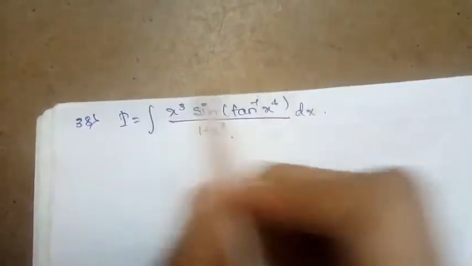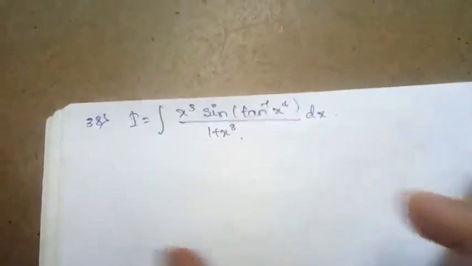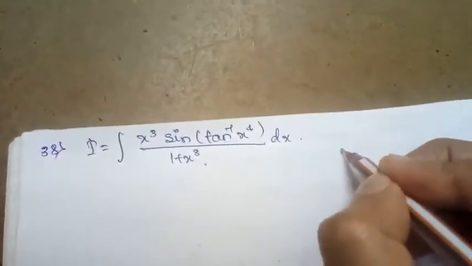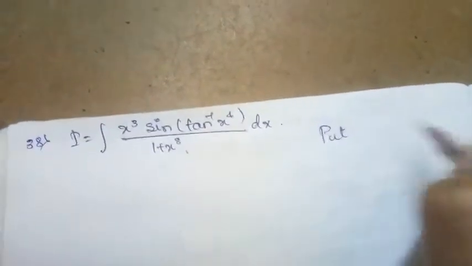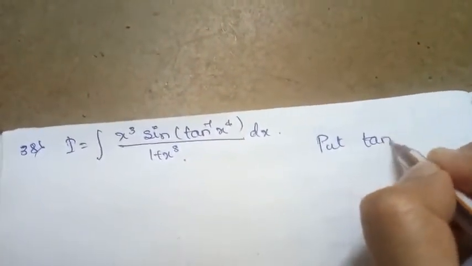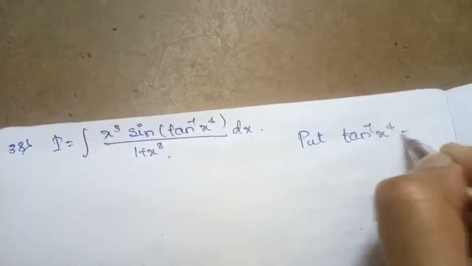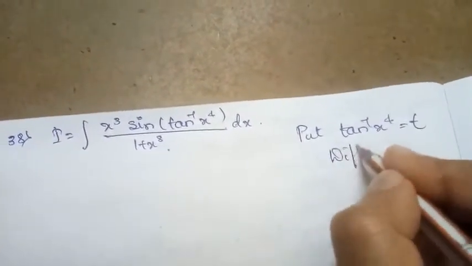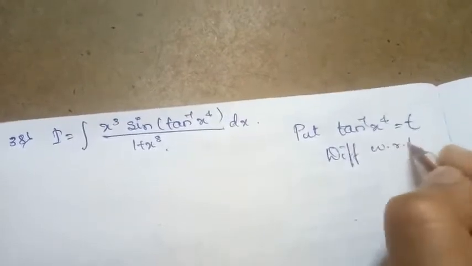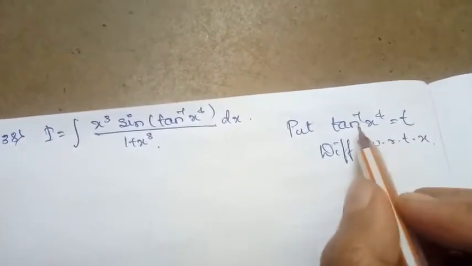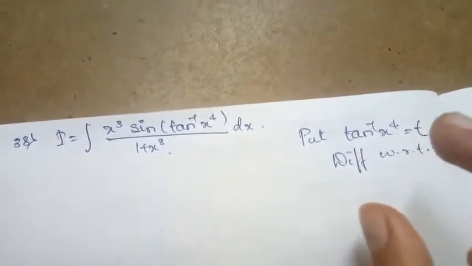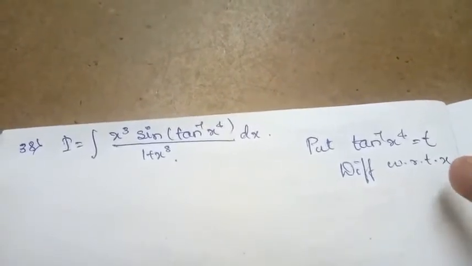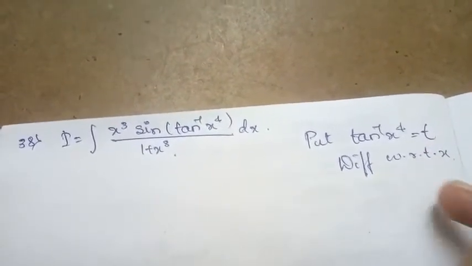So here this is the question. By looking into the question itself, I hope you might get the idea. We are going to take tan inverse x power 4 equal to t, and now differentiate this with respect to x. We know the differentiation of tan inverse of x is 1 divided by 1 plus x square.